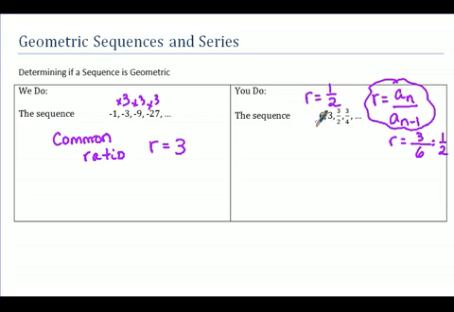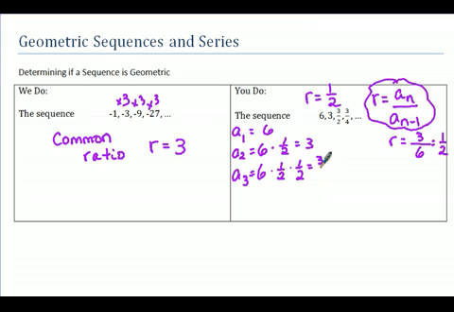Now let's look at what's actually happening with the terms here in this sequence. My first term is 6. To get the second term, we do 6 times 1/2, and that gives me the second term of 3. Now the third term is going to be the previous term, 6 times 1/2, but then we're going to multiply times 1/2 again.